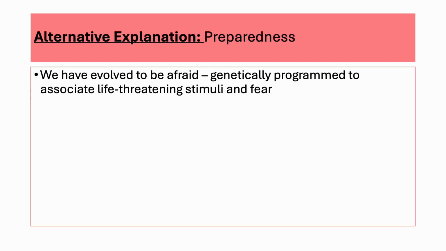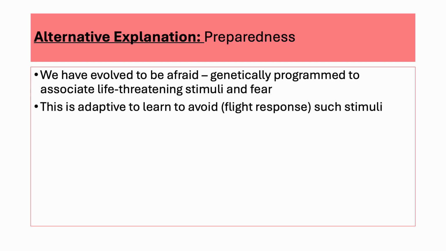So we are genetically and biologically wired to associate life-threatening stimuli with fear, and this is adaptive. We have to avoid certain things that help us to stay alive and survive and reproduce. So ancient fears are things like snakes, heights, strangers. They are all adaptive fears.